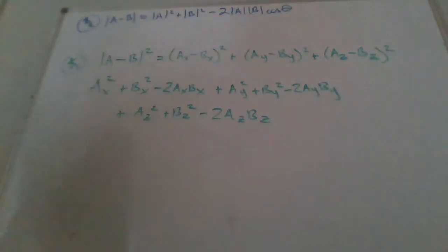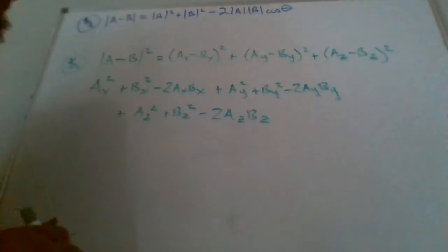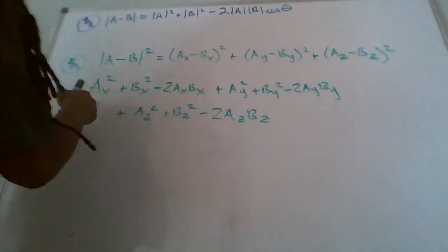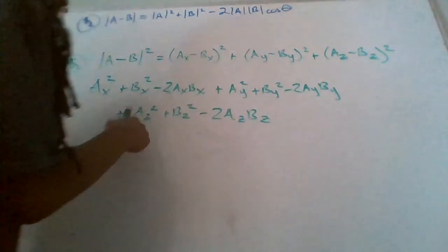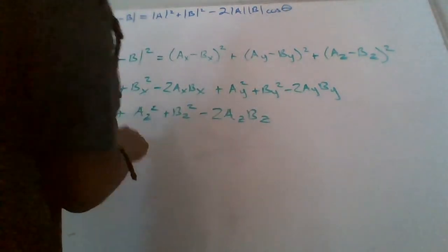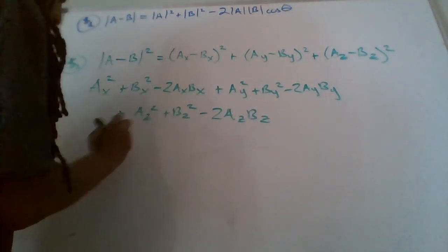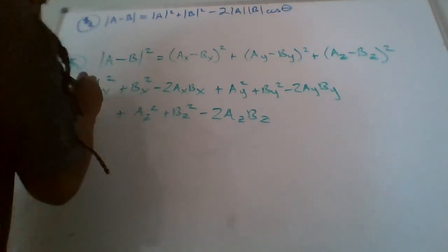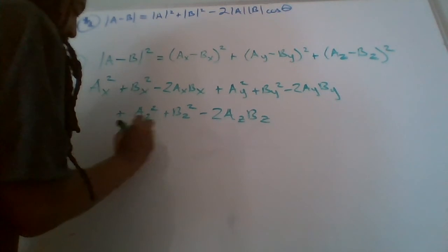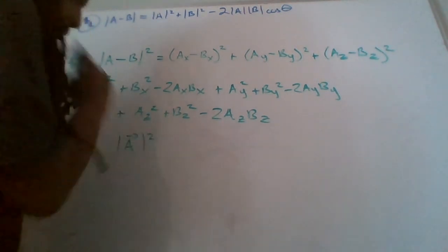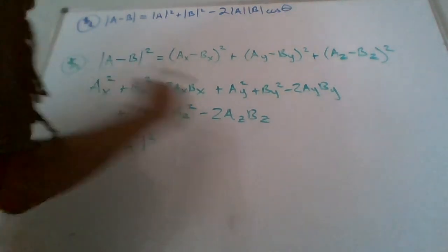Okay, so now that we have that, let's think. We can combine a few terms. Now we see we have an ax squared, ay squared, and an az squared. I believe that is equal to the magnitude of a squared. Similarly with b.